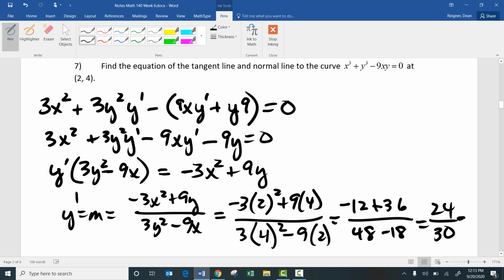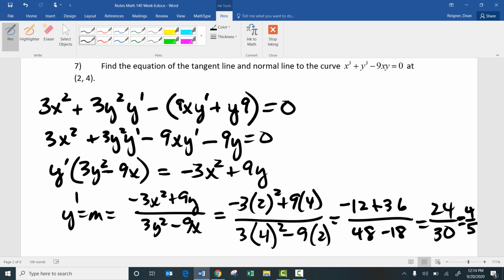So it's 4/5. Okay, so it looks like our slope is 4/5. All right, I'm just checking my math here. Make sure we got everything right.